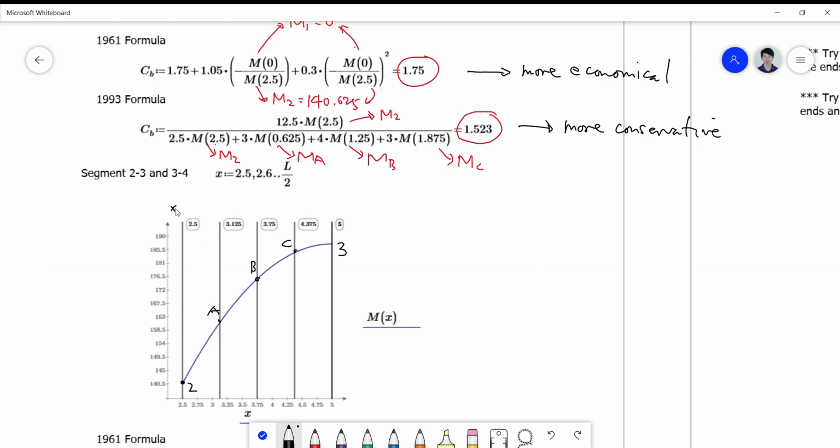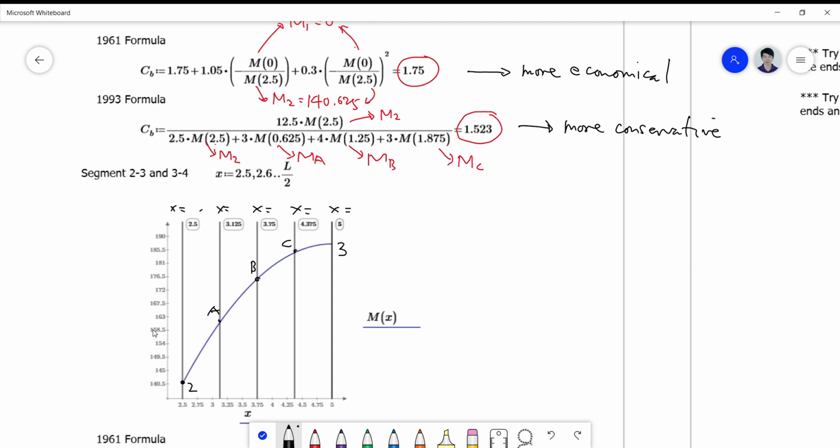Your x here is 2.5, here is 3.125, here is 3.75, here is 4.375, and here is 5.0. So you just divide this into 4. Take note that this is your segment 2 to 3, which comprises the moment diagram on that segment.